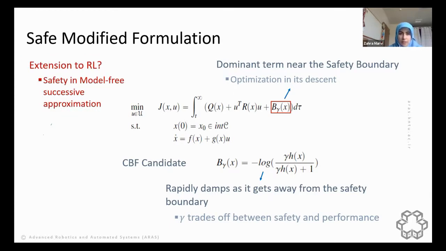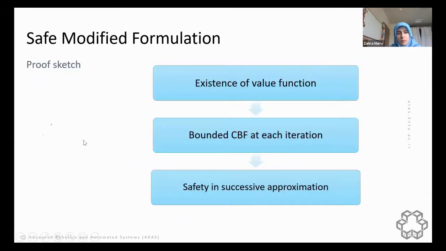In a reinforcement learning framework, we wanted to gradually learn the optimal controller. Now, the question is that if we are gradually improving our knowledge about the controller, can safety still be satisfied or not? The answer is fortunately yes. I don't go through the mathematical formulations. You can find them in the paper if you're interested.